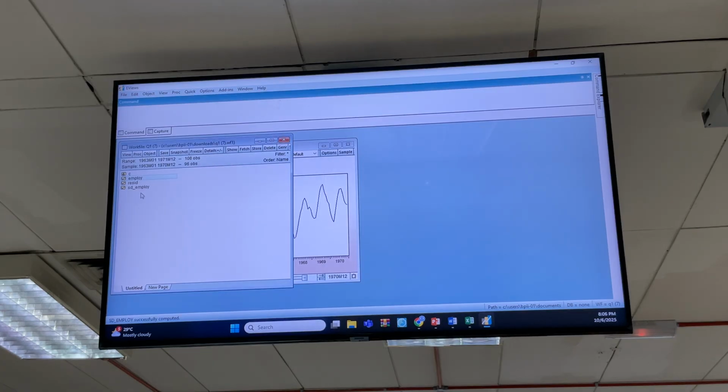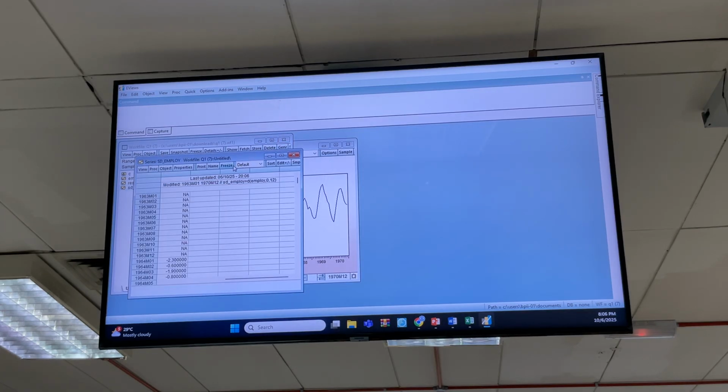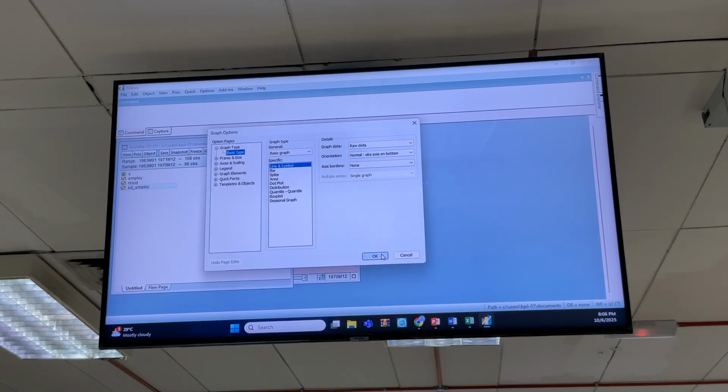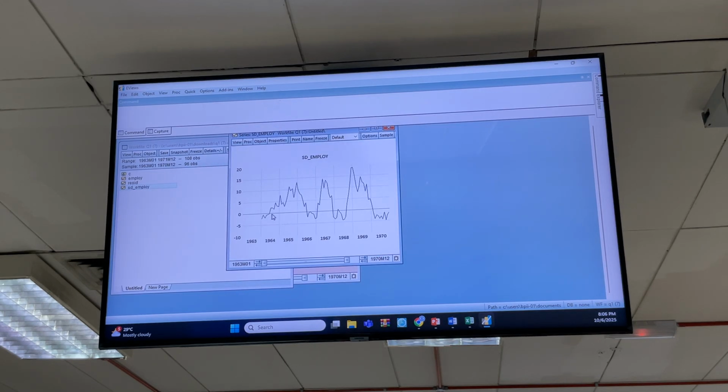So you have the seasonal differences. If you inspect the graph, I'm not sure whether it is zero mean or non-zero mean, but to know that, when you estimate you can include C and see whether it is significant.